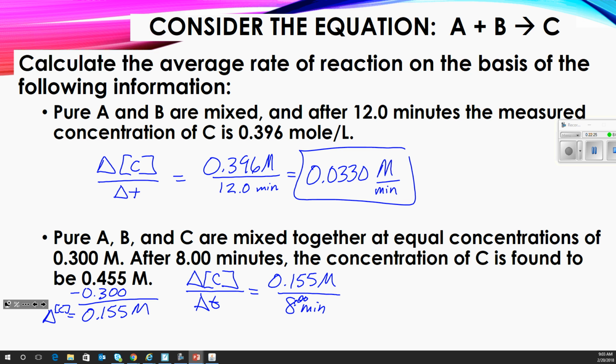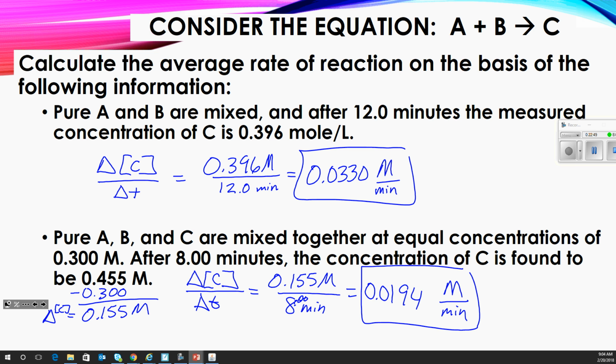And we get molarity divided by minutes for the unit, and 0.0 what? .194. You'll notice that the rates will usually be small.